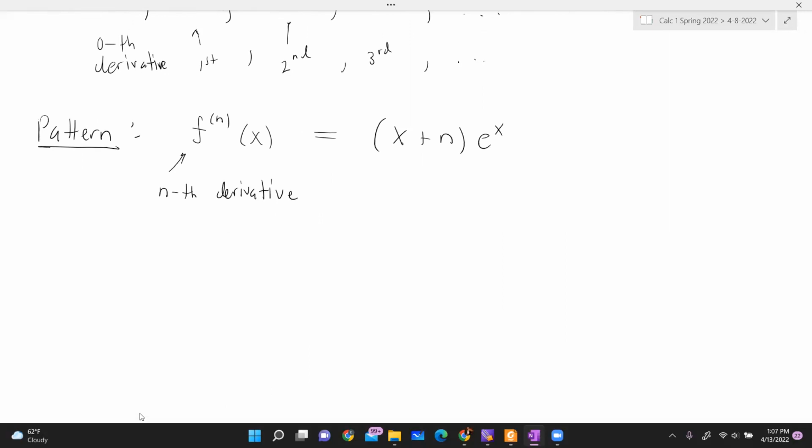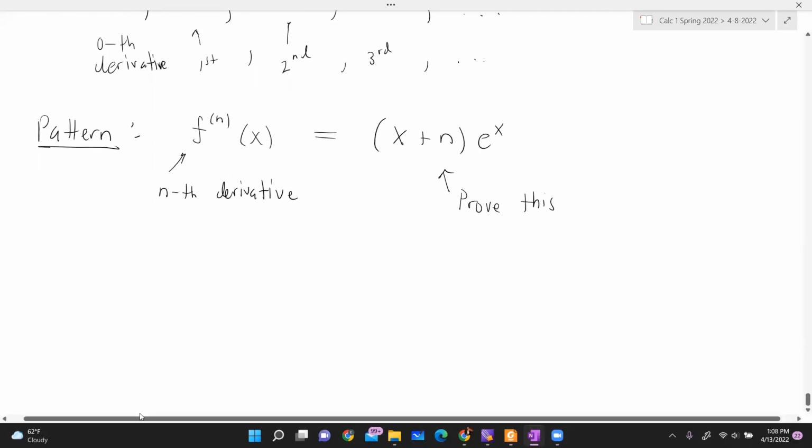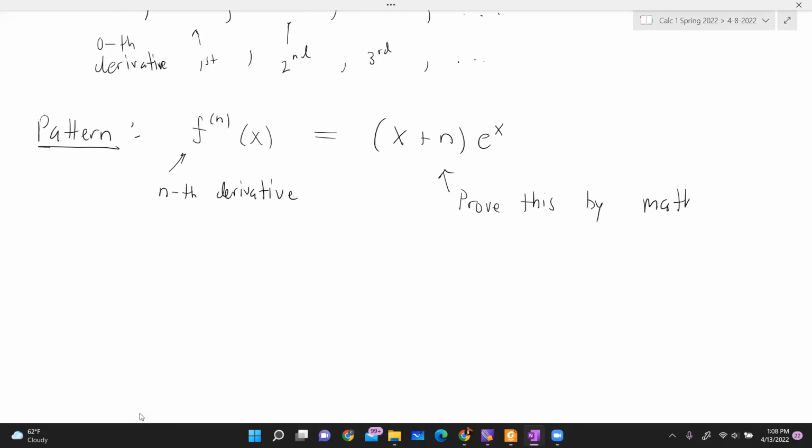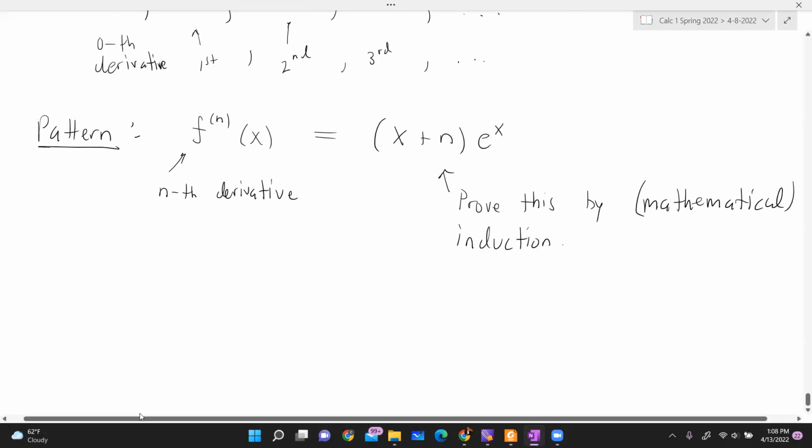And there's this method of proof. I will just write a name down, but I won't go through the proof, obviously, because this is just an aside. You can prove this by what's called induction, or mathematical induction. So if you want to look up on your own to see what that's about, you can.